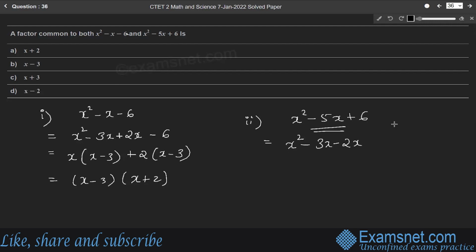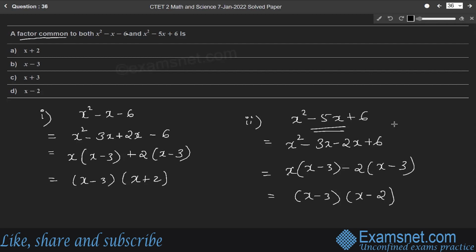So that minus 3 into minus 2 becomes plus 6. So x is the common term, x minus 3, minus 2 is the common term, x minus 3. So that minus 2 minus 3, their product is plus 6. So x minus 3 into x minus 2. Therefore, a factor common to these two is x minus 3. So the answer is x minus 3.